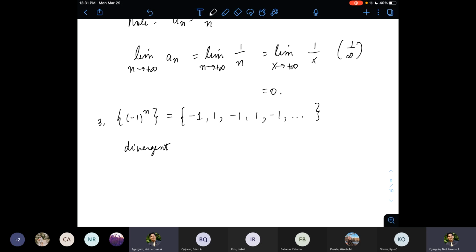So basically, the pattern seems that it will just be alternating between +1 and -1. And towards the tail end of the sequence, I don't know where I am going. Am I going to +1 or am I going to -1? And it's impossible to determine that, right? So that means there is no limit for this sequence, so it is divergent. Because in the long run, it's a toss-up between -1 and +1, because this will just oscillate forever.